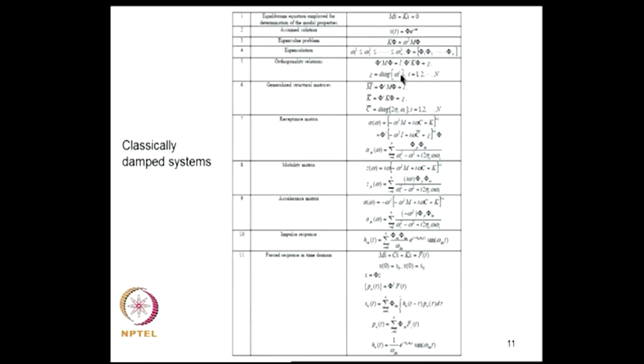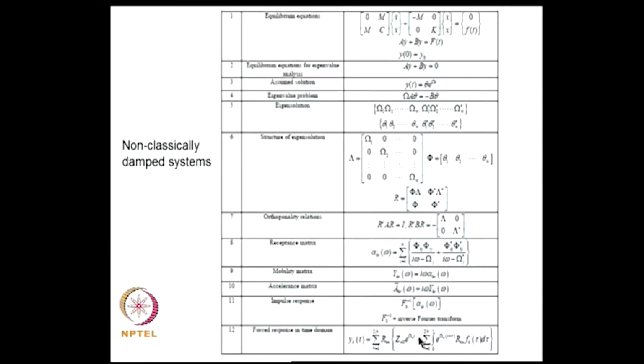Using these matrices we diagonalize, that is, uncouple the equation of motion, and we determine various frequency response functions like receptance, mobility, accelerance. This we have considered in earlier lectures, you can recall, and we can construct as well the impulse response function for the system in terms of the system modal responses. If we want force response in time domain using modal decomposition, we uncouple the equation of motion and use Duhamel integral theory and get the impulse response function. So, we are quite familiar with these issues.